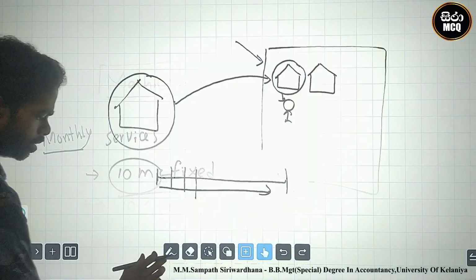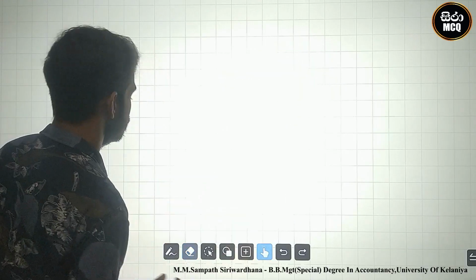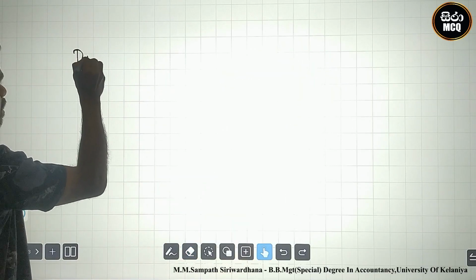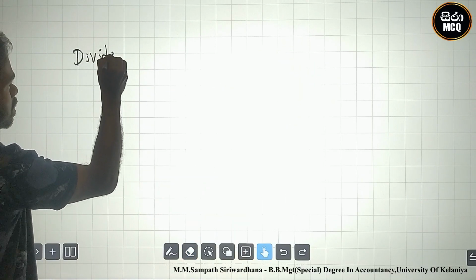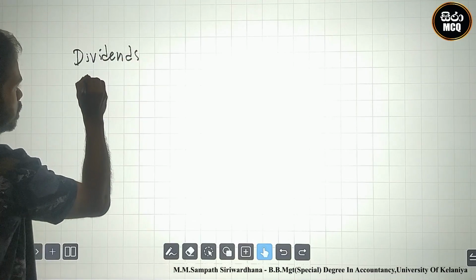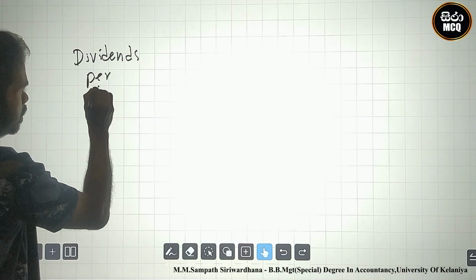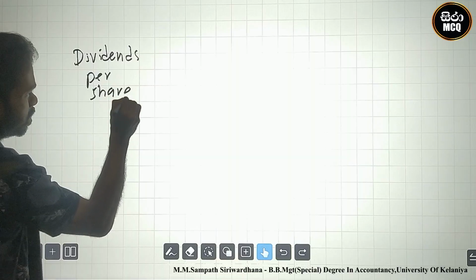Dividends per share. How can we calculate it?